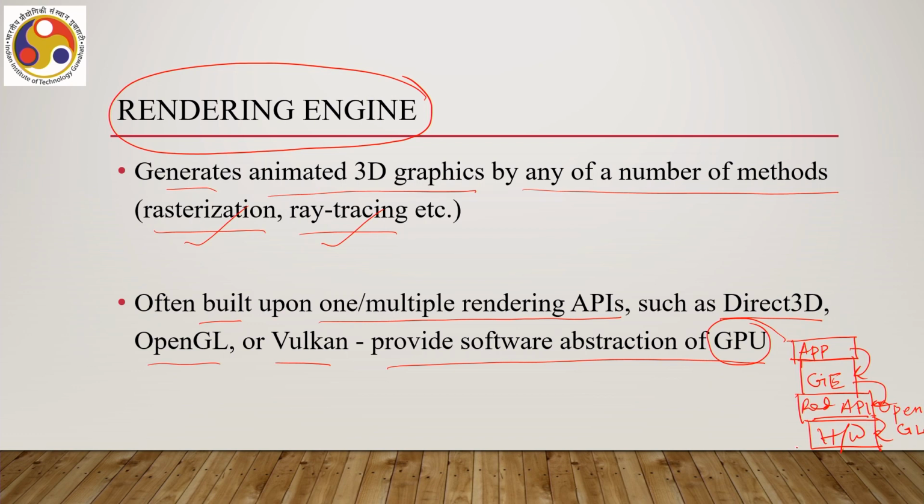In that way we can think of different layers of a typical VR system when we are assuming a middleware such as a game engine being used. The hardware component here includes GPU as well as other hardware components such as CPU and memory.